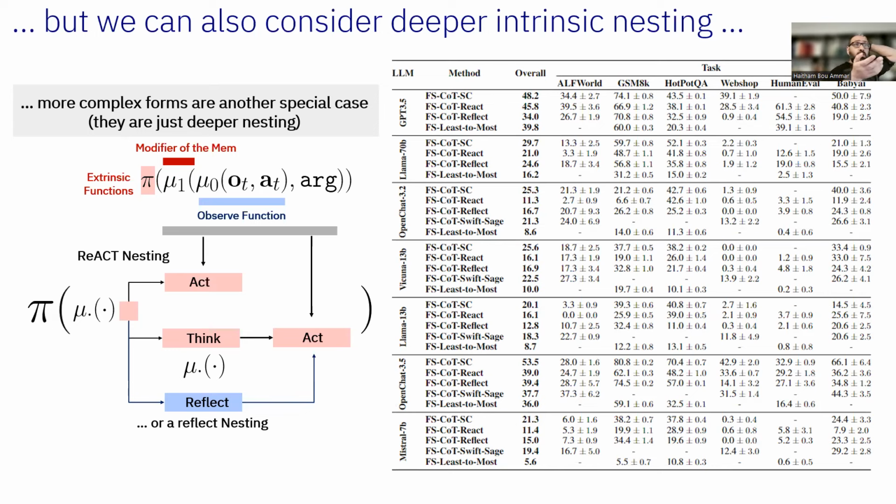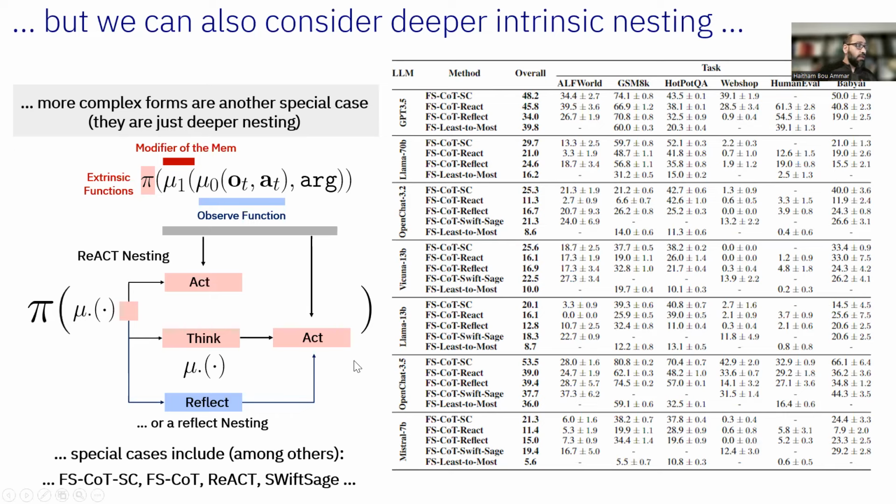So what I'm trying to show you here is that depending on the order by which you place things and how deep you decide to go in these intrinsic function nestings, you can already recover things that are in the literature. Those include, in this table, few-shot CoT with self-consistency, ReAct, SwiftSage, least-to-most, and so on.